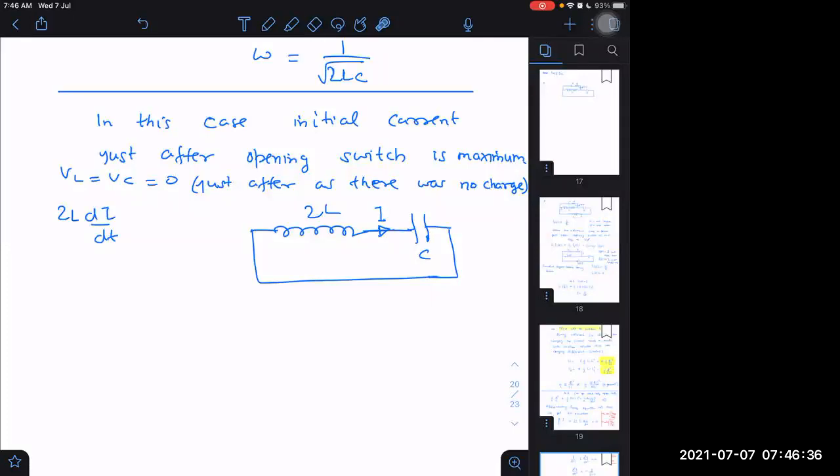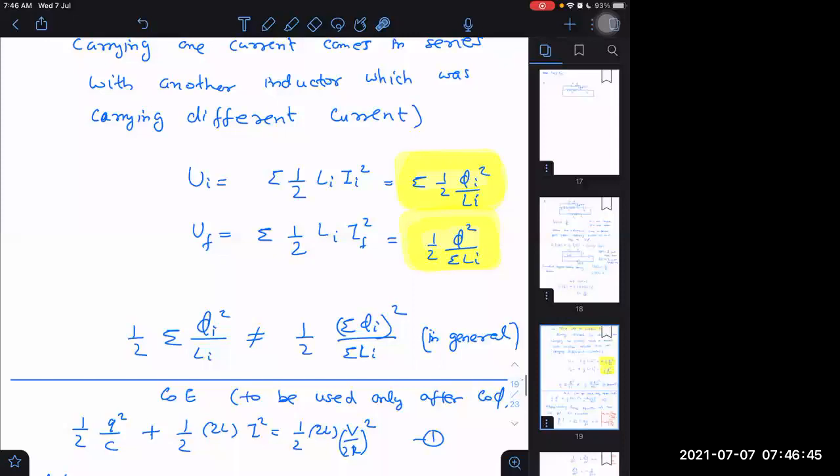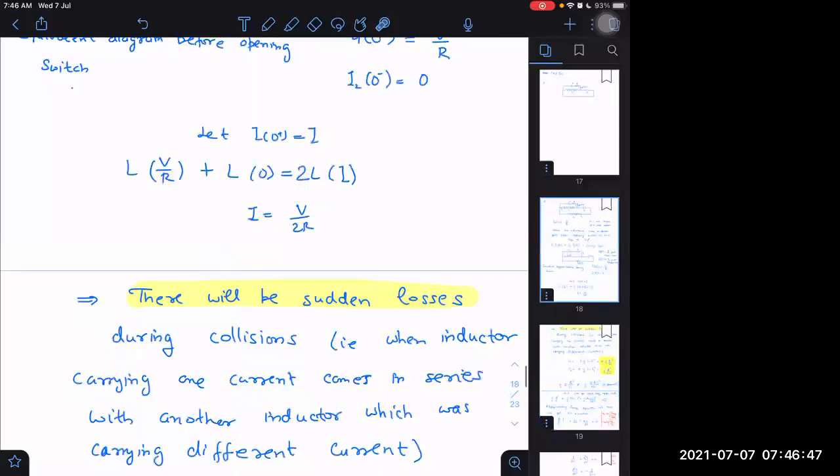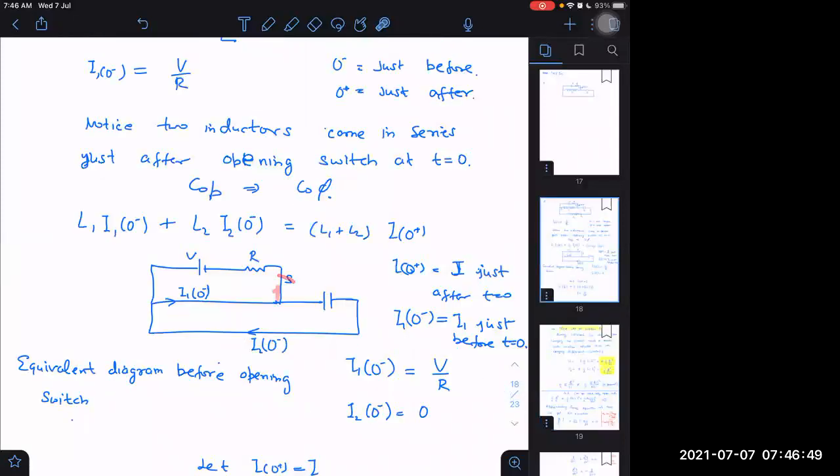Radiation may also be there, and there may be sparking in the switch which is open, and if sparking is there, then energy may be lost.